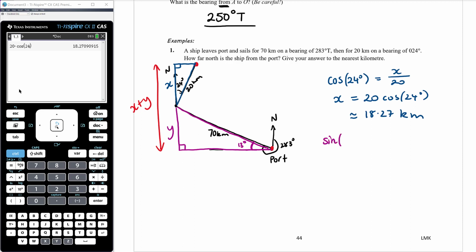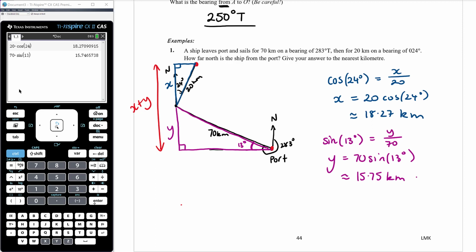So sine of 13 degrees is the opposite length, which is y over the hypotenuse, which is 70. And so y is 70 times sine of 13 degrees, which is approximately 15.75.